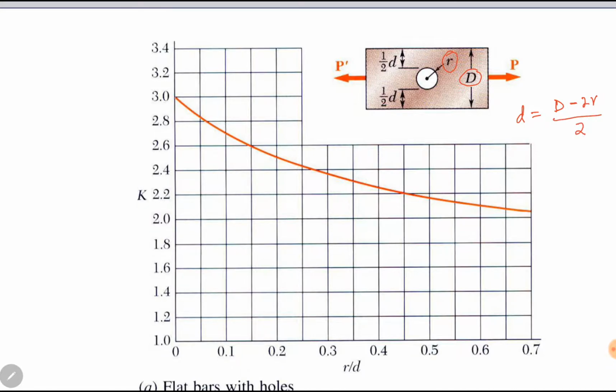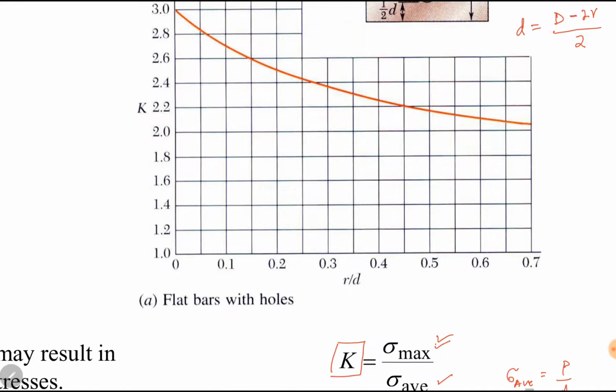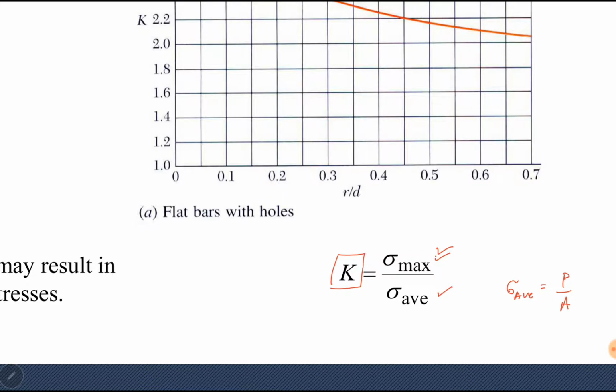Here you can see this is half of d. So definitely it can be calculated using this expression. For your information, in the numerical problem, all these dimensions will be given, P will be given, and you can find sigma maximum like this. And if sigma maximum is given, you can find P.